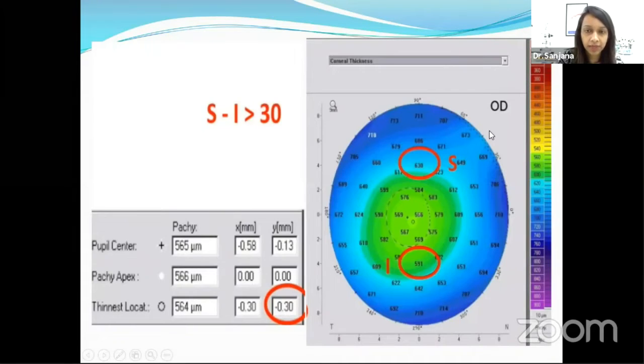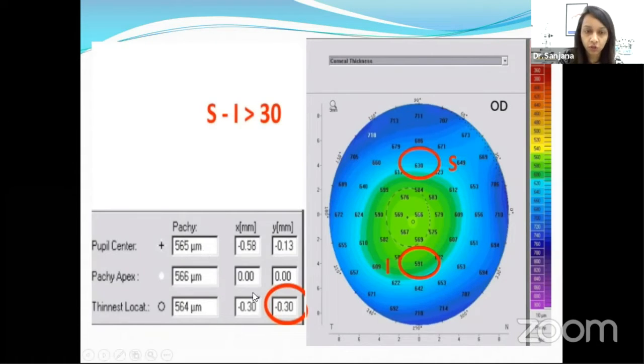Now, in this map, again, it's very important to look at the values in the superior and the inferior part, especially in the 5 millimeter zone. So here we see that this is the 5 millimeter zone, and the superior value is 630 and inferior is 591. Normally the difference at this point, superior to inferior, should be less than 30. Anything more than 30 is again considered suspicious.